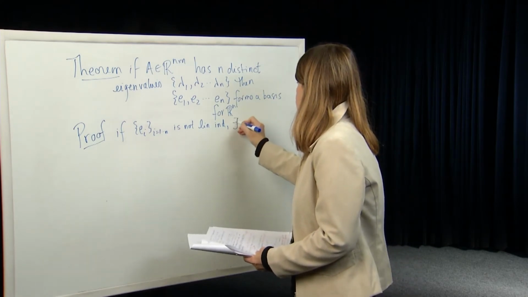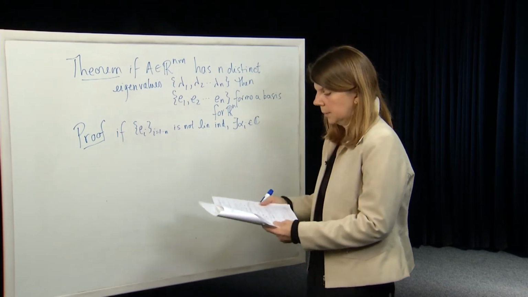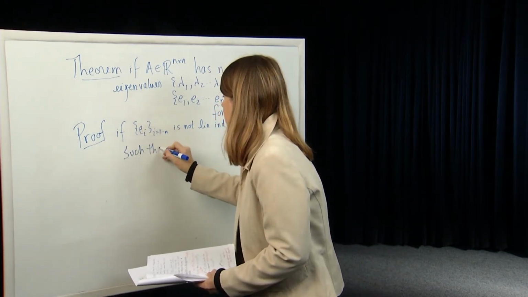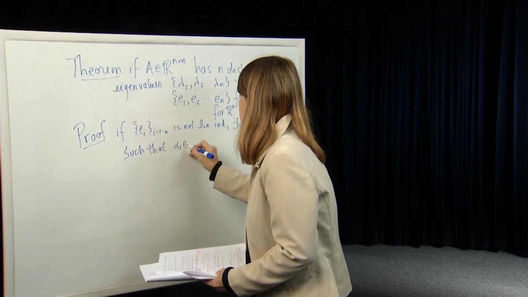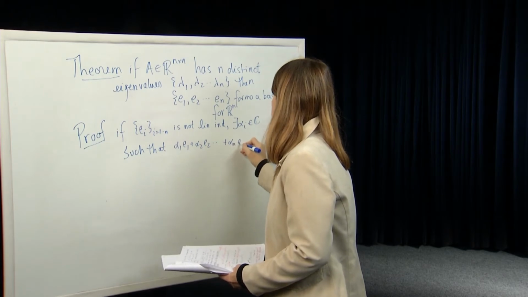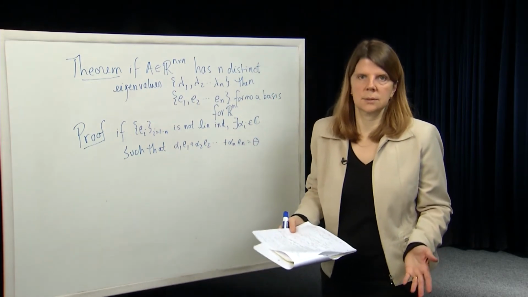So there exist some scalars, possibly complex, such that alpha 1 E1 plus alpha 2 E2 plus up to alpha n En is equal to 0, yet the alpha i's don't necessarily have to be 0.